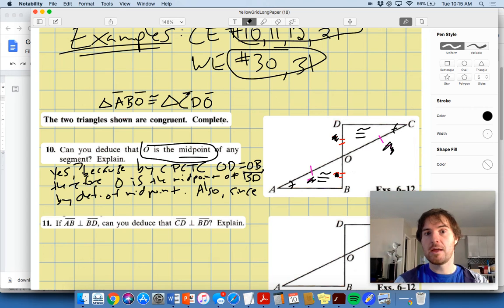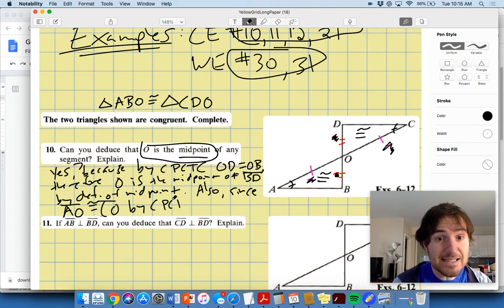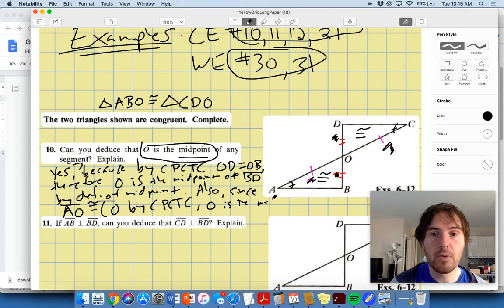That means AO and CO must be congruent because they're corresponding parts of congruent triangles. Also, since AO is congruent to CO by CPCTC, or definition of congruent triangles, those are the same things there. By CPCTC, O is the midpoint of AC by definition of midpoint.